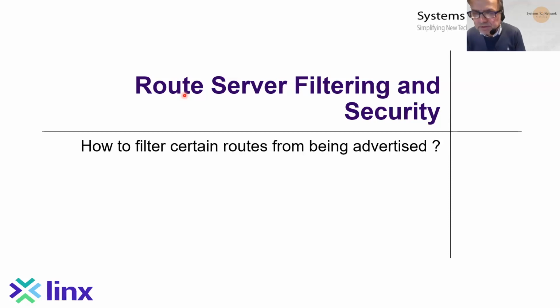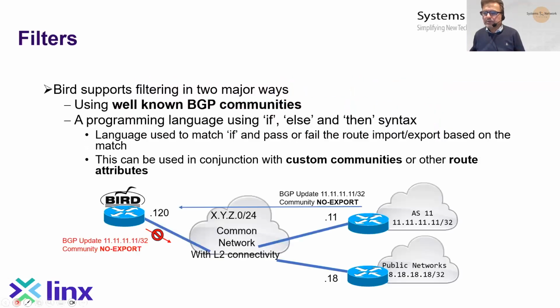And so there is a mechanism within BGP that allows us to tag routes so that we can control how those routes are being advertised when we're peering with other routers.